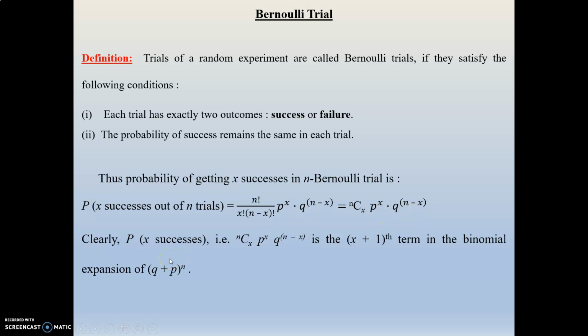Clearly, the probability of x successes, that is nCx p^x q^(n-x), is the x plus 1th term in the binomial expansion of (q plus p) whole raised to n. Binomial theorem we already studied last year, so we know the expansion. This is the x plus 1th term of the binomial distribution.